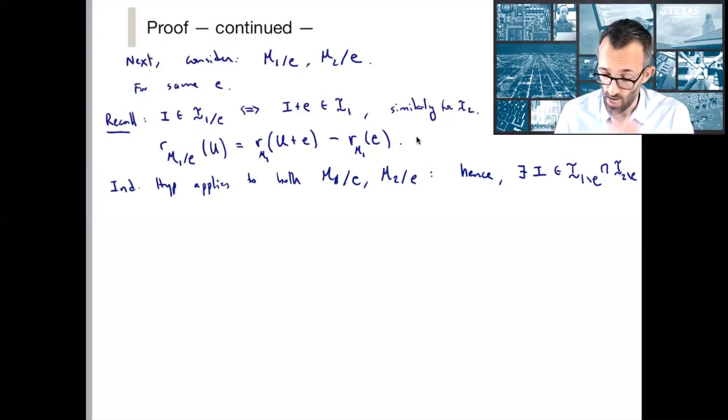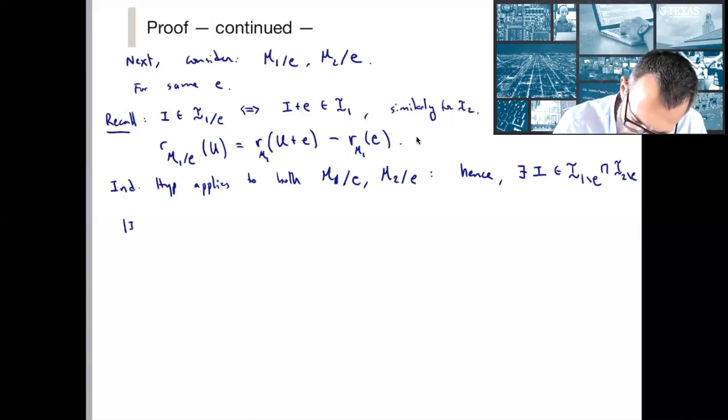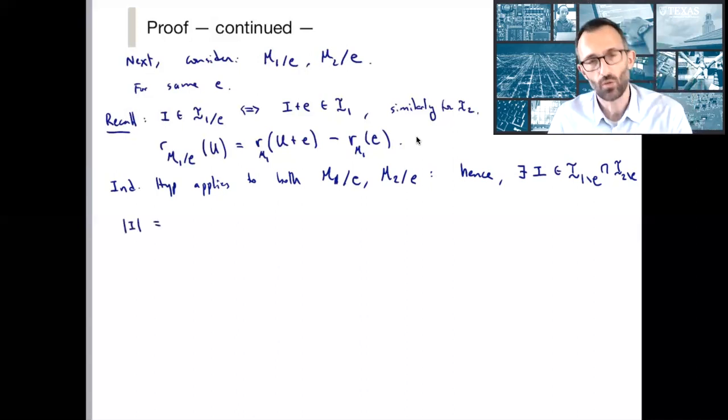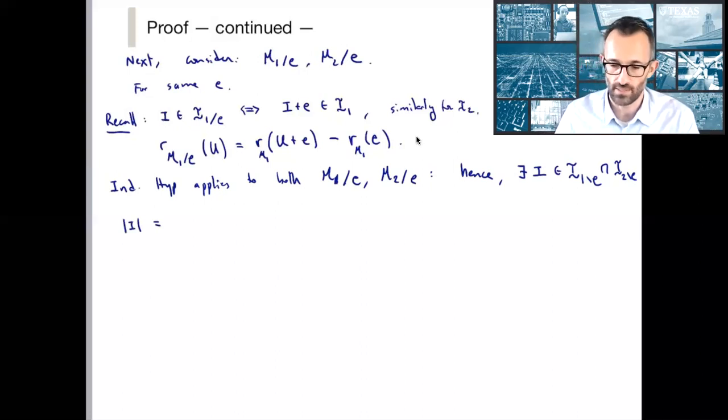So we need to keep track of this notation. But the fact that the inductive hypothesis applies tells us that there exists such an I whose cardinality is in fact equal to the statement of that minimization that's in the statement of the theorem.